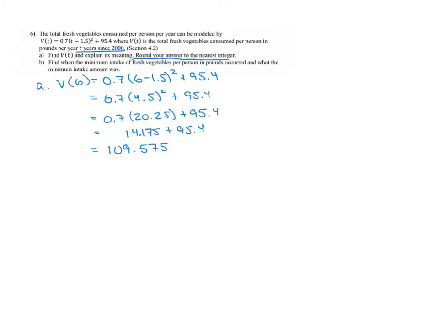We want to round our answer to the nearest integer. So this is approximately 110. We're going to round up because it's a 5. It says explain its meaning, so we do want to interpret this. In 2006, we have 6 years since 2000. That's going to be 2006.